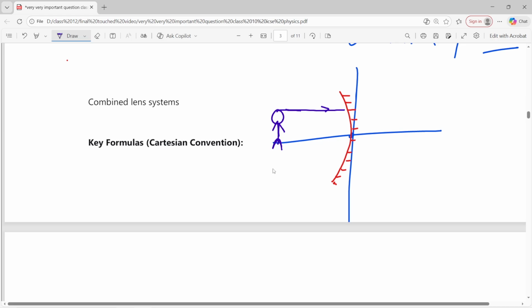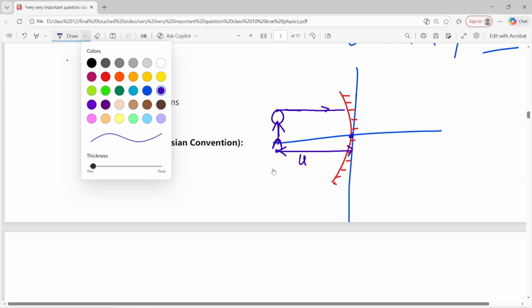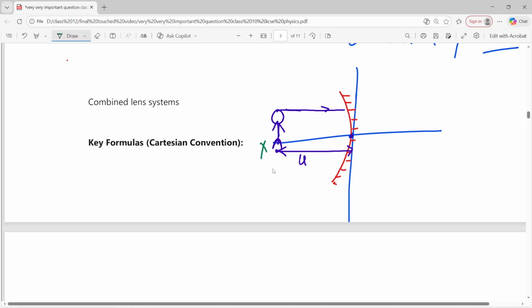The distance from the object to the pole is called u, the object distance. In the Cartesian system, this side is minus x, plus y, and that is minus y. So u is always on the negative x-axis, that's why u is minus.